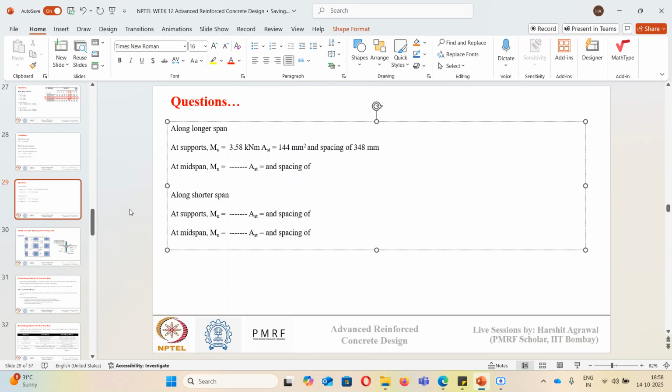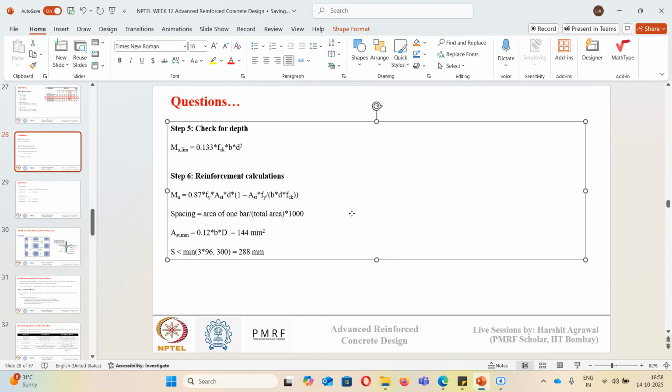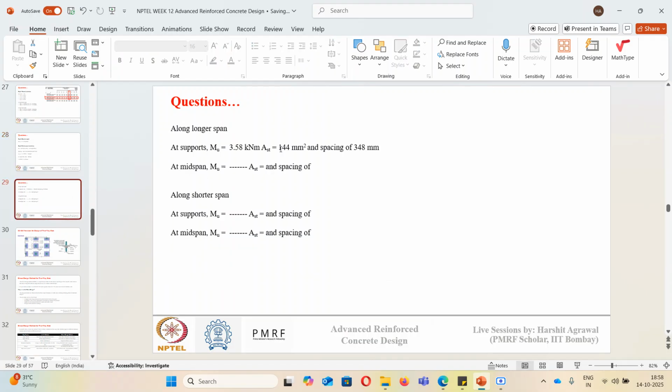Okay, so this is the area. Area of one bar, we know how we will calculate it. It will be 3.14 into 4 into 4, which is equal to 50.24 millimeter square. Okay, so this is the area of one bar. Total area, we know, is whatever we have provided.